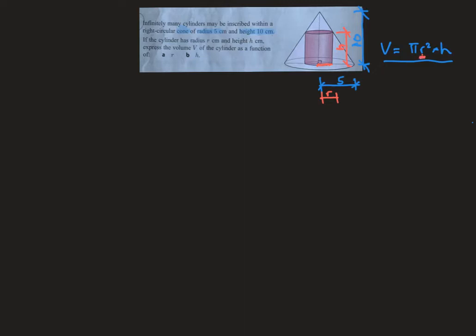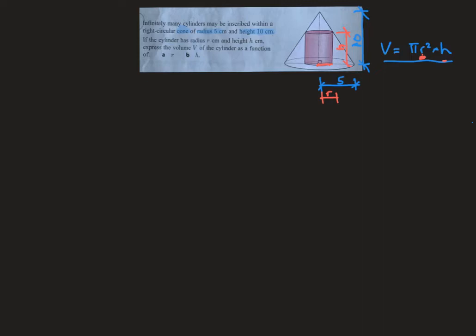One formula is not going to have r and another formula is not going to have h. So we have to find some values for r and h, for the radius and the height. What I'm going to do next is draw a picture here on this side.